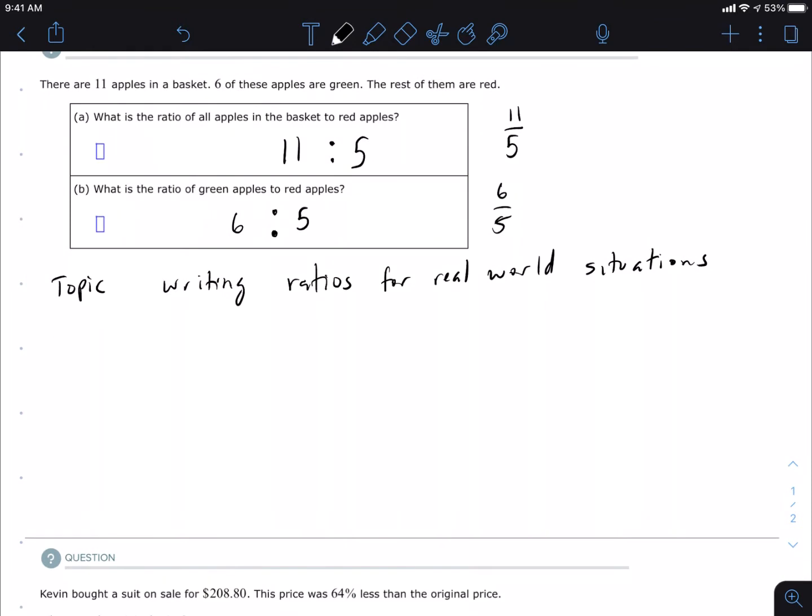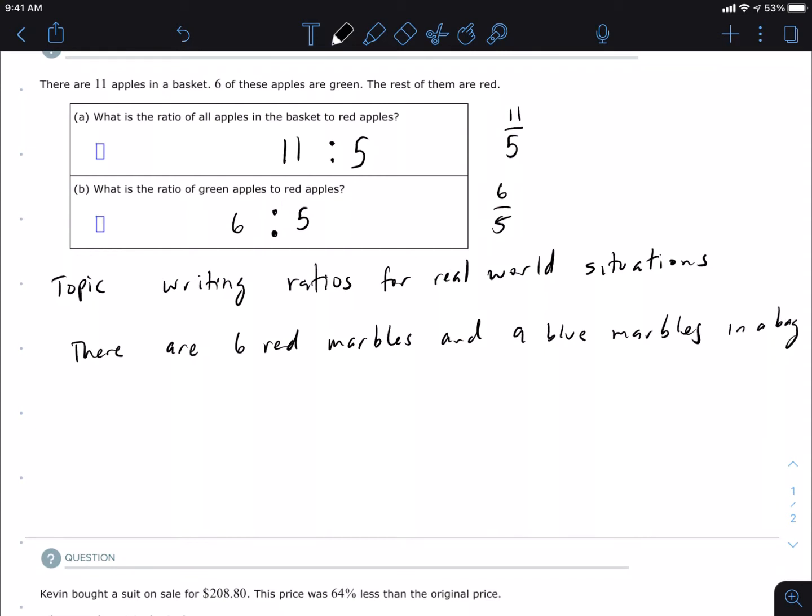Okay, so here we go. So here's the other one. It says there are 6 red marbles and 9 blue marbles in a bag.